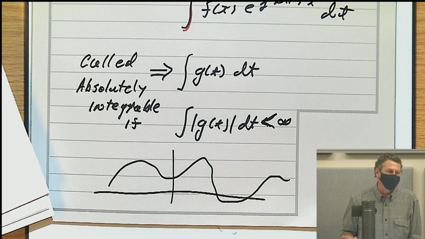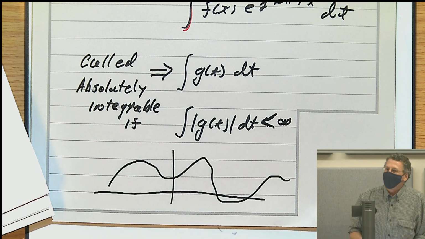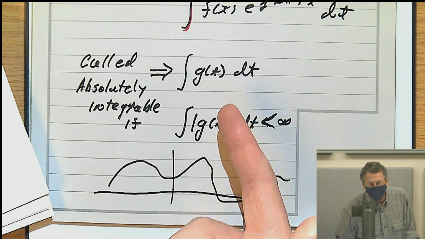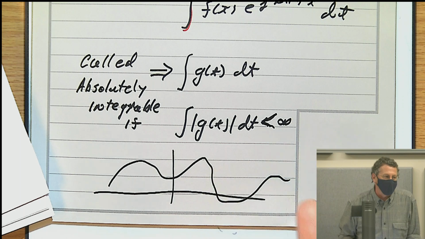Nonetheless, we do integration with not absolutely integrable functions all the time. But I just want to make you aware that it's kind of a little bit sketchy, as my son would say. So it's kind of sketchy when it's not absolutely integrable, and in particular, the sinc function is not absolutely integrable.